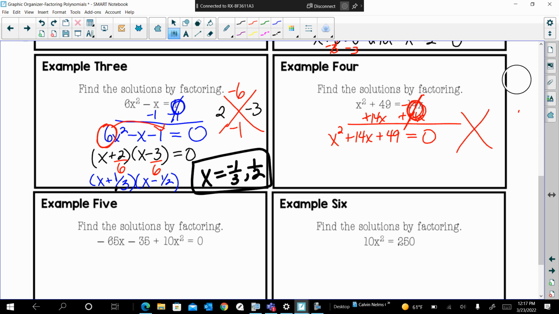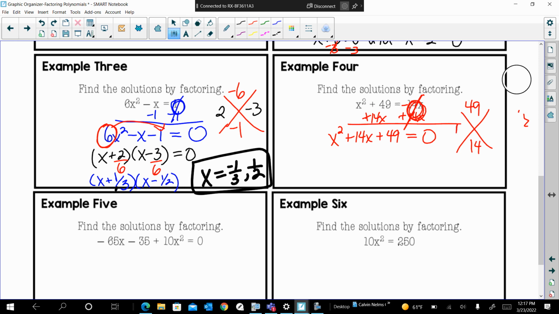Okay, so what number goes on top? 49. What number goes on the bottom? 14. Okay, so we're looking for factors of 49 with the sum of 14. 7 and 7.